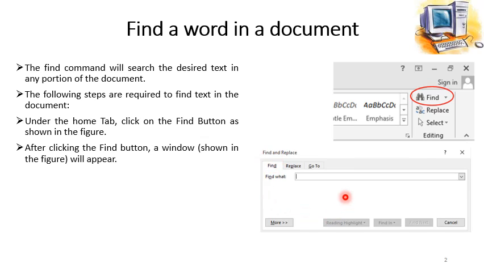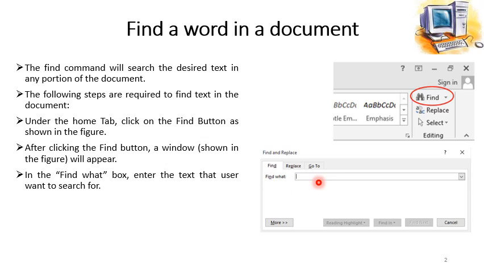Under the Find tab there is a box with the name Find What. In the Find What box, enter the text that the user wants to search for. Here we will enter the text or the word that we want to search inside our document.